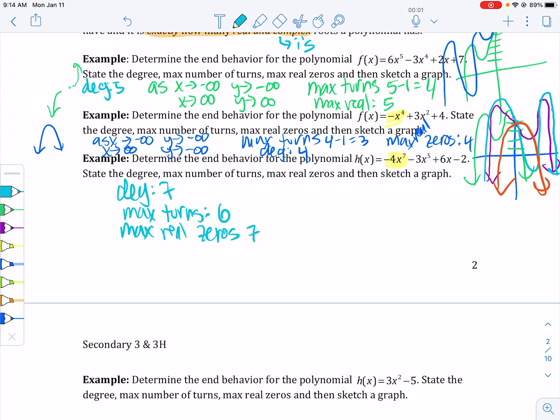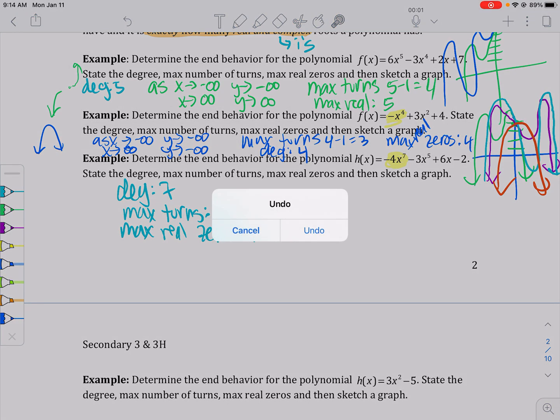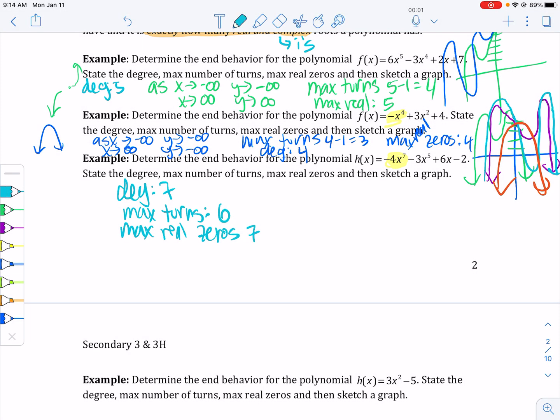And then if we look at our end behavior, so this is an odd end behavior because our degree is 7, which is odd. So it's going to be discoing. So if we're discoing, I need to look at the coefficient. This one is negative, so that means that it's this kind of a shape, where it could do something in between in this middle portion right here. Okay.